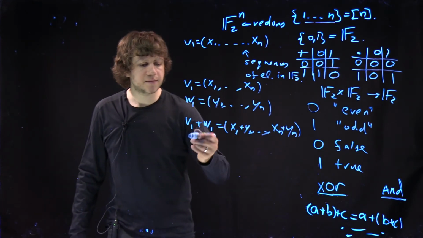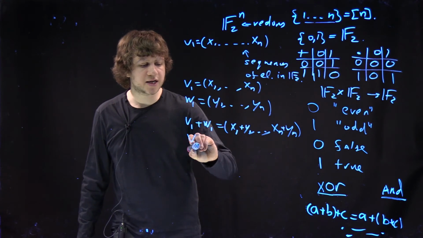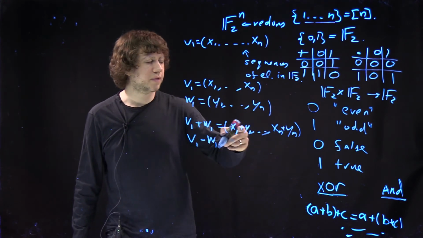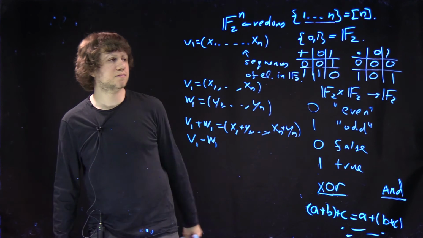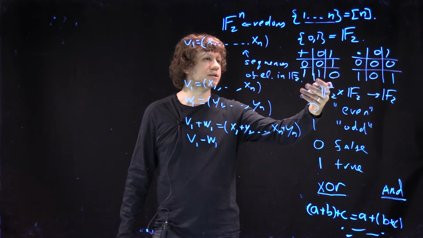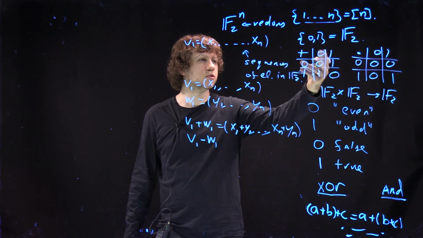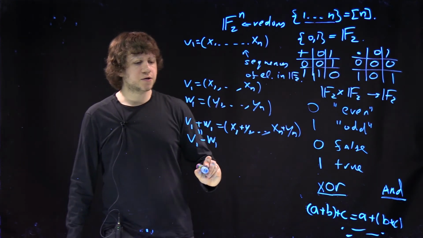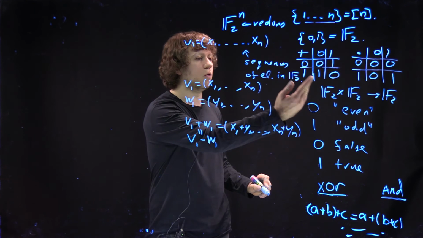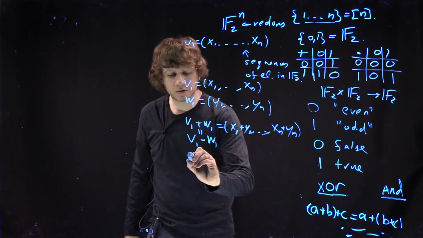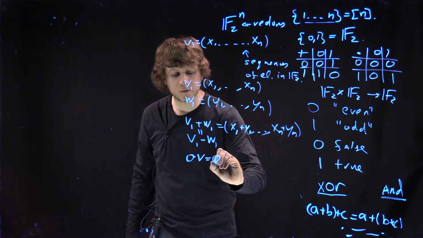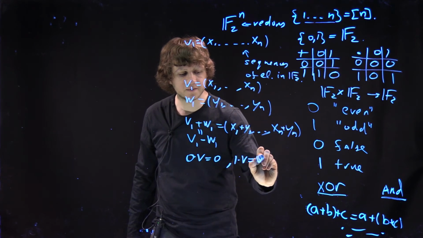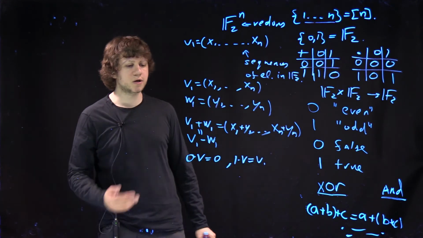So you can add them, you can similarly subtract, but you can notice that here minus and plus is the same thing, just because -1 is something which you need to add 1 to get 0, so it's also 1. That's just the same thing. And also, you can multiply by an element of F2, so 0 times v is of course just 0, and 1 times v is of course just v. Nothing else to multiply by.